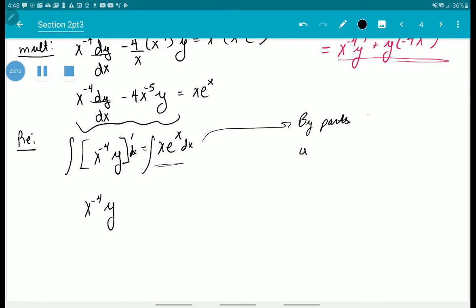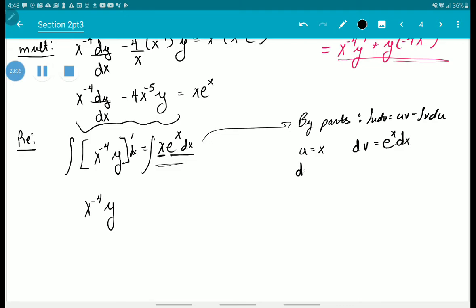So we need the formula for by parts. We need to figure out what u is going to be and what dv is going to be. In this case, u is going to be x. dv is e to the x times dx.